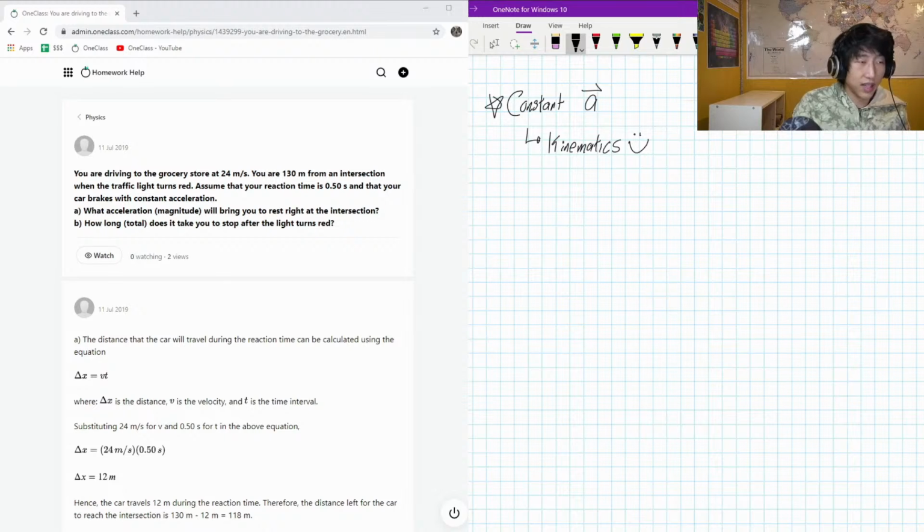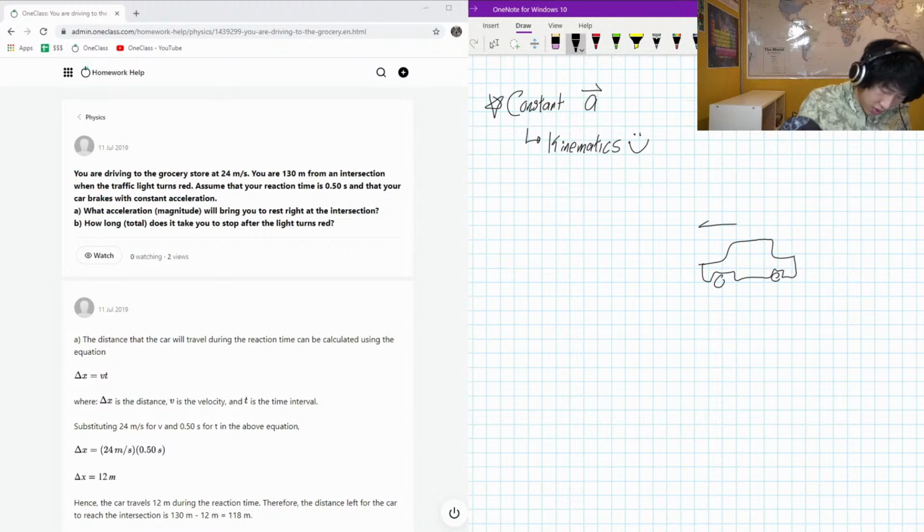Okay, so let's actually draw a diagram for this situation. So here we have our car going super fast. Vroom, vroom. And we know that our velocity initially is 24 meters per second. And let's call this u.